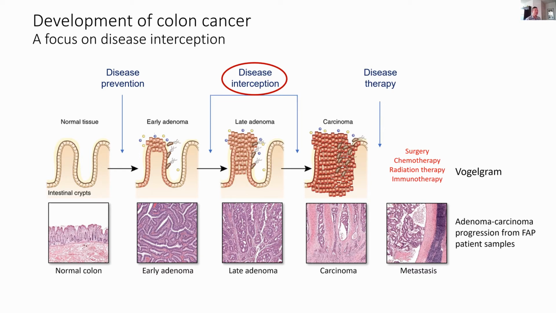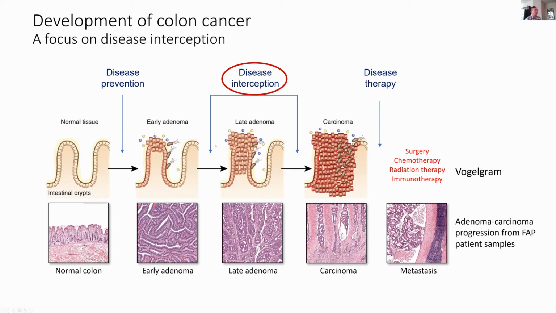prevents colon cancer. So the focus has been on disease interception, in which you identify patients who have had the initial events. You try to find patients who are at high risk of developing disease later on. This is not a unique paradigm, seen in breast cancer and prostate cancer as well.